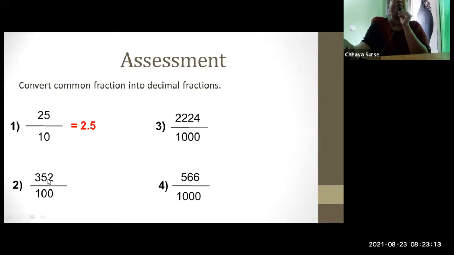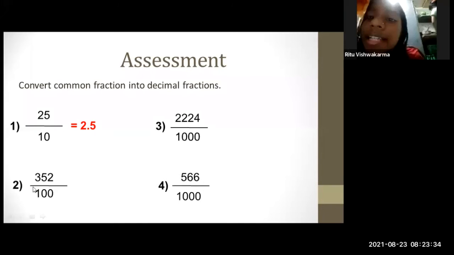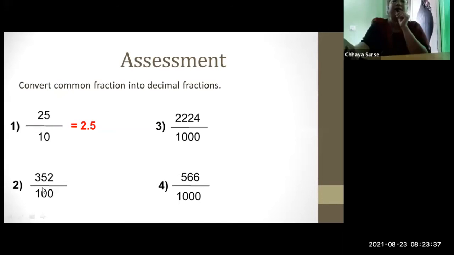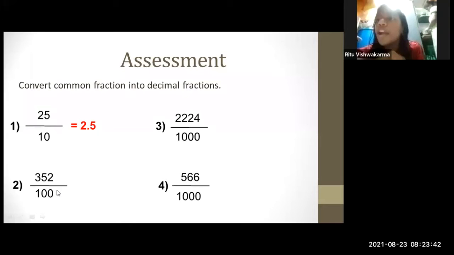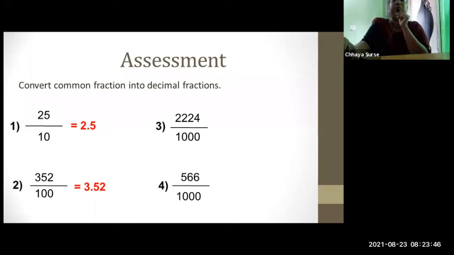Because we want 2 zeros, the decimal places should be 2. Yes, Ruchi? After 3. Yes, my dear. So 3.52.